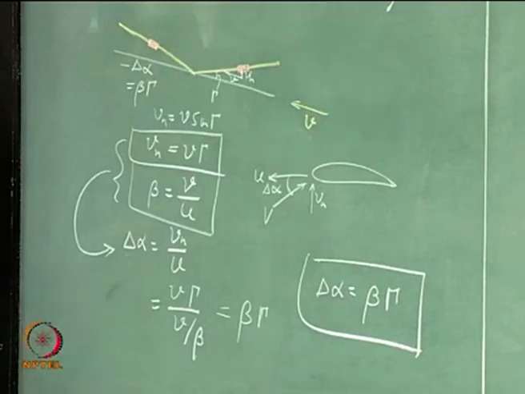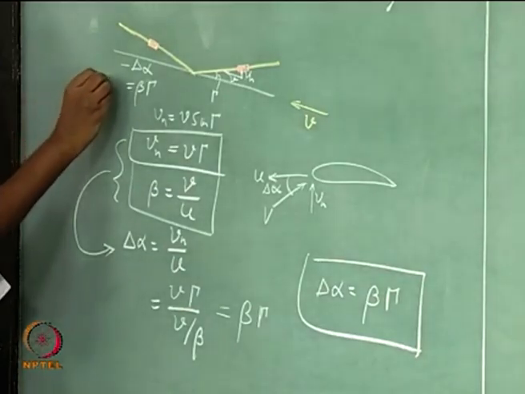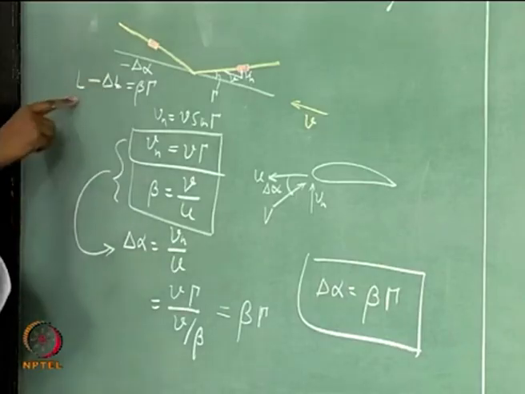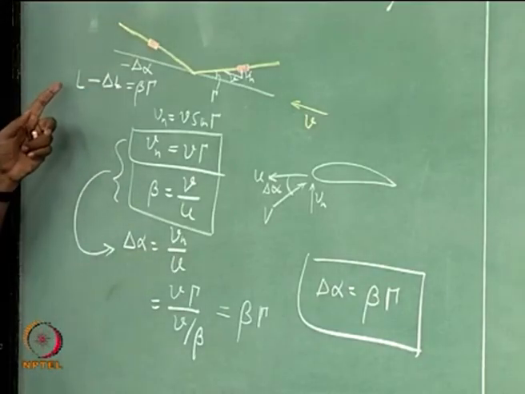So L minus delta L on this side. This L is when you are flying level condition.